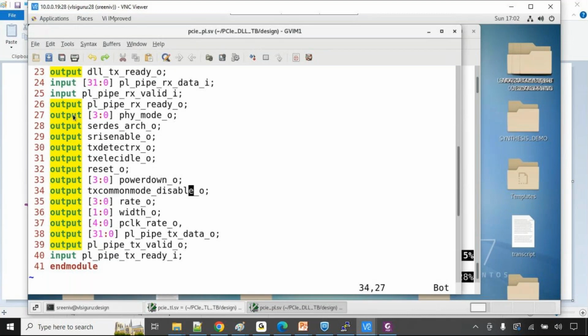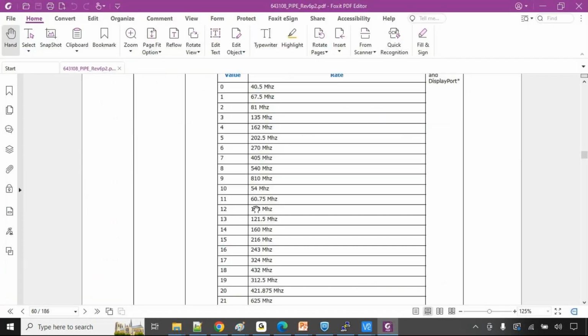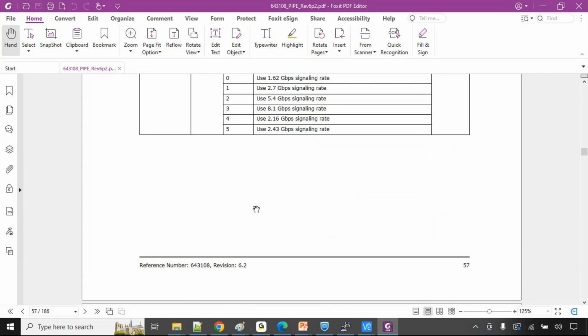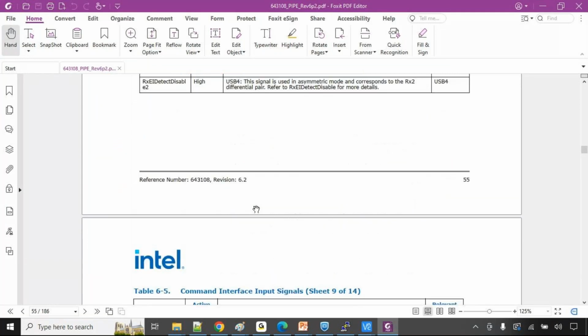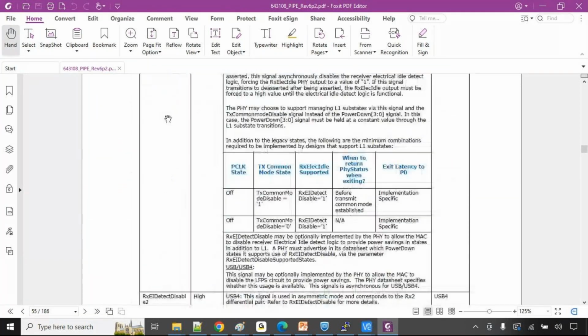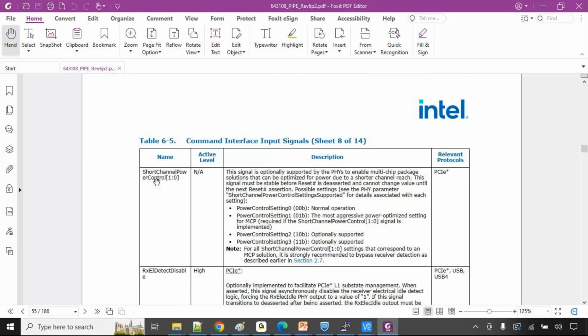So hence I haven't listed some of the signals because I know that I'm not going to use them at all. Some signal I missed somewhere in the top, let's say short channel power control. I'm not going to use it because it goes into power control and everything, which I'm not going to do in this project.